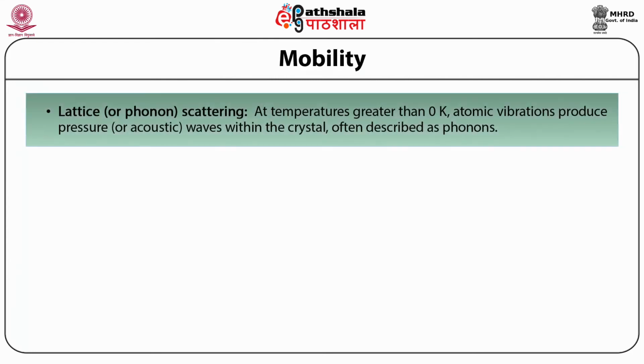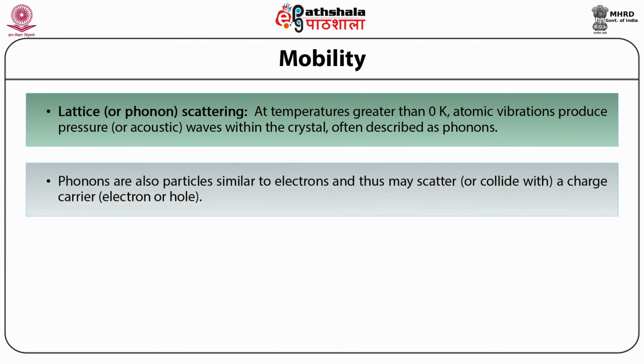Lattice or phonon scattering. At temperatures greater than 0 Kelvin, atomic vibrations produce pressure or acoustic waves within the crystal. Often described as phonons, these are also particles similar to electrons and thus may scatter with a charge carrier, either electron or hole.